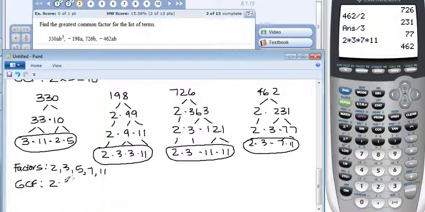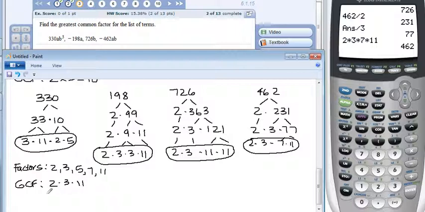So I'm going to have a 3. That's common. 5s are not common. It's not in this one. 7s are not in this one, so 7s are definitely not common. But I see a 11, 11, 11, 11, and 11 in each one of those. Yes, I have 2 11s here, but I only have 1 there, 1 there, and 1 there.